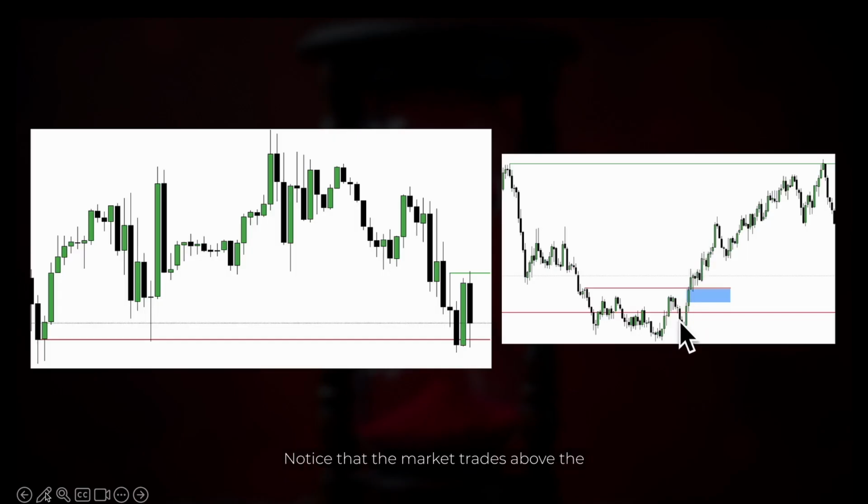Notice that the market trades above the high, which set up that final run lower into the point of interest of that bullish rejection block. Imbalance gets created and we see the market retrace into that IOFED, institutional order flow entry drill, and the market expands towards the upside, drawing towards this buy side liquidity pool right here. Again, when it comes to looking at bullish rejection blocks, pay attention to intermarket relationship.